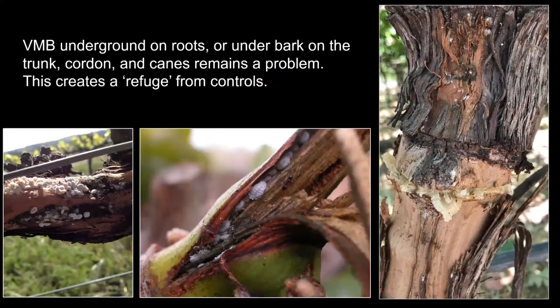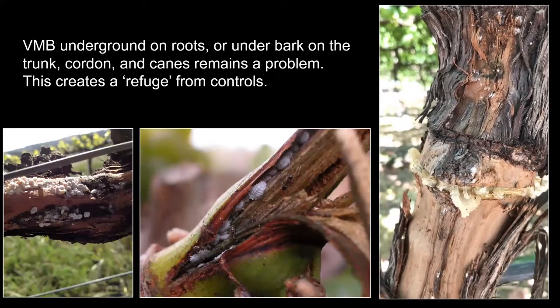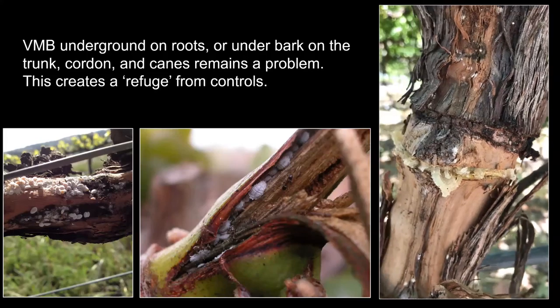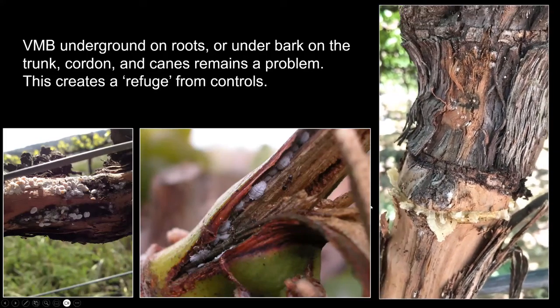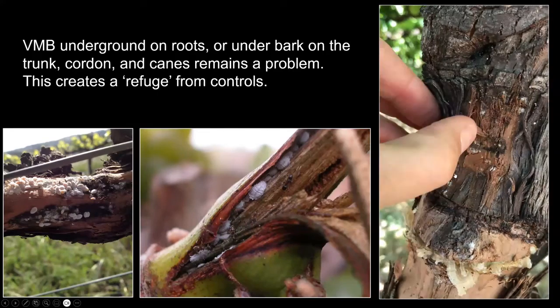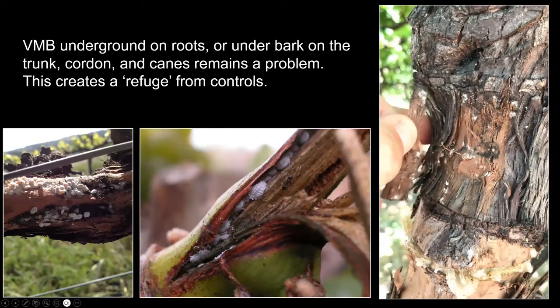I just mentioned that we used to see more of the mealybugs moving out to the leaves by early summer. We're seeing more of these staying underneath the bark and then going into the fruit clusters in July, August.